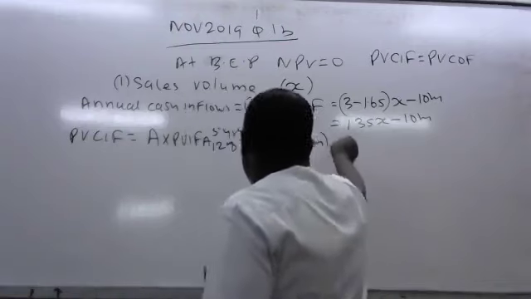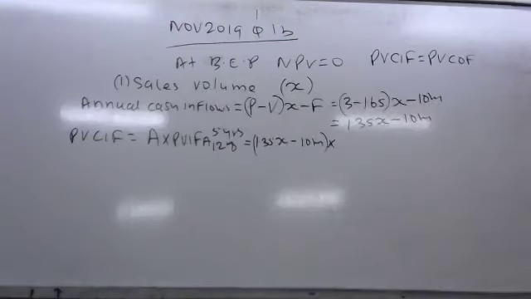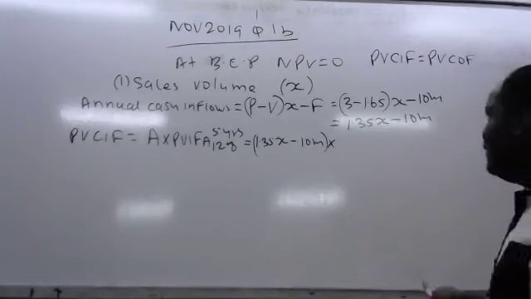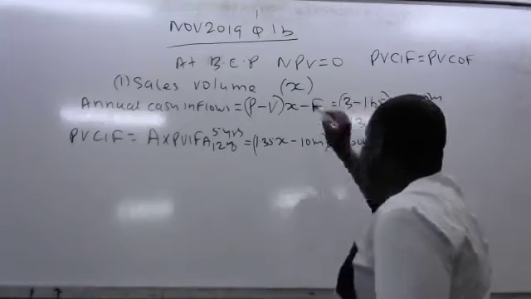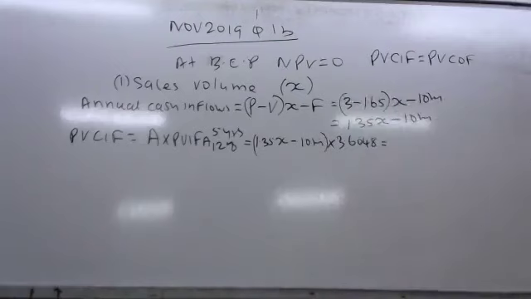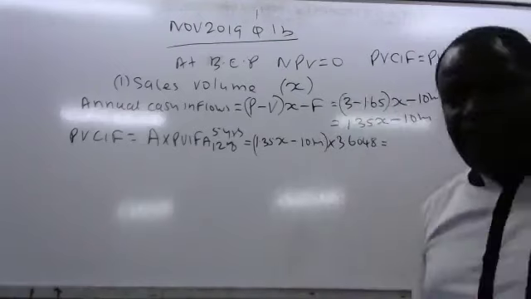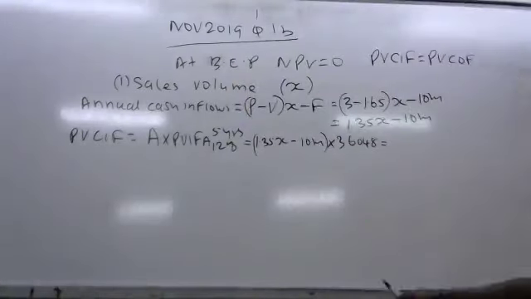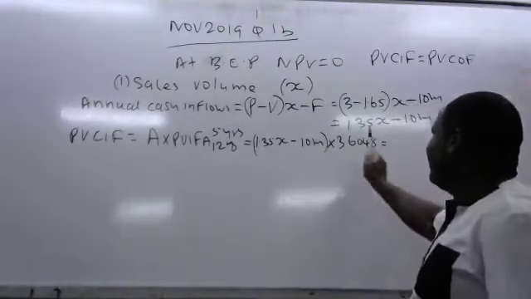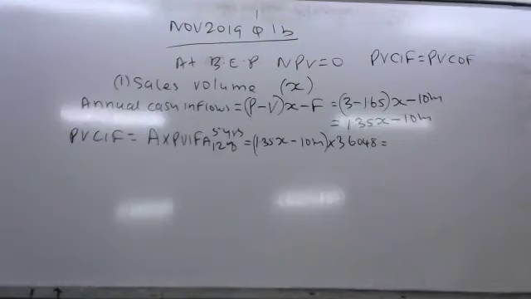Then we multiply it by, check in the second table, 12% in year 5, which is 3.6048. So now when you open the brackets, when you multiply this by this and also this by that, you shall be getting which values.